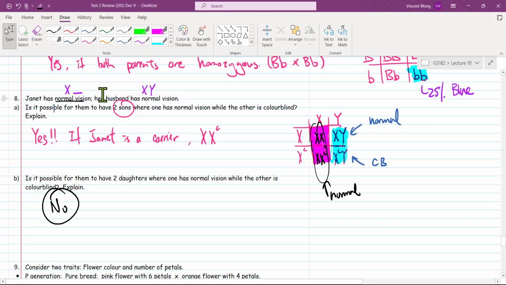Because if the father has normal vision, the normal X chromosome will cover up any colorblind X chromosome. So it's not possible to have a colorblind daughter.